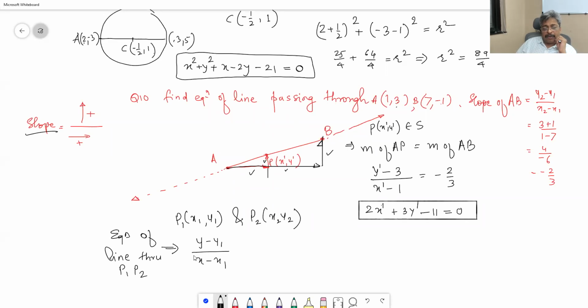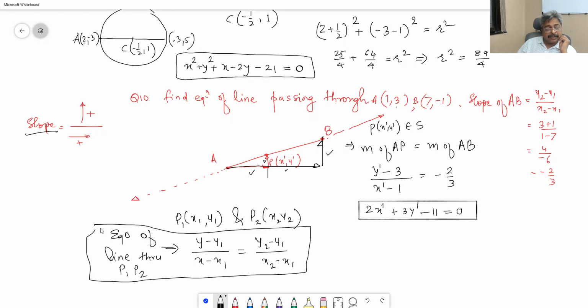That is, you have found out the slope in one way, which is equal to (y2 minus y1) upon (x2 minus x1). So this is the equation of a straight line in two-point form.